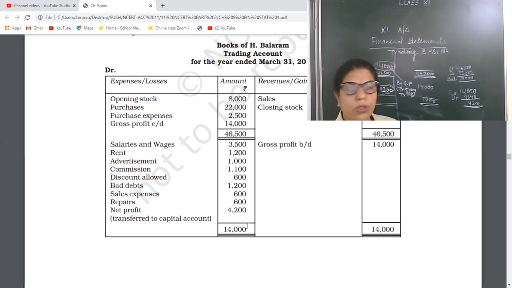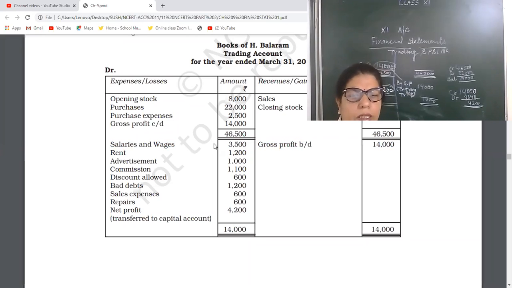As I told you, with the help of profits, the capital of the proprietor will increase, and if there is net loss, the capital of the proprietor will decrease. So gross profit is the balancing figure here, and that gross profit is to be transferred to this side. Now after double lines, P&L account starts.